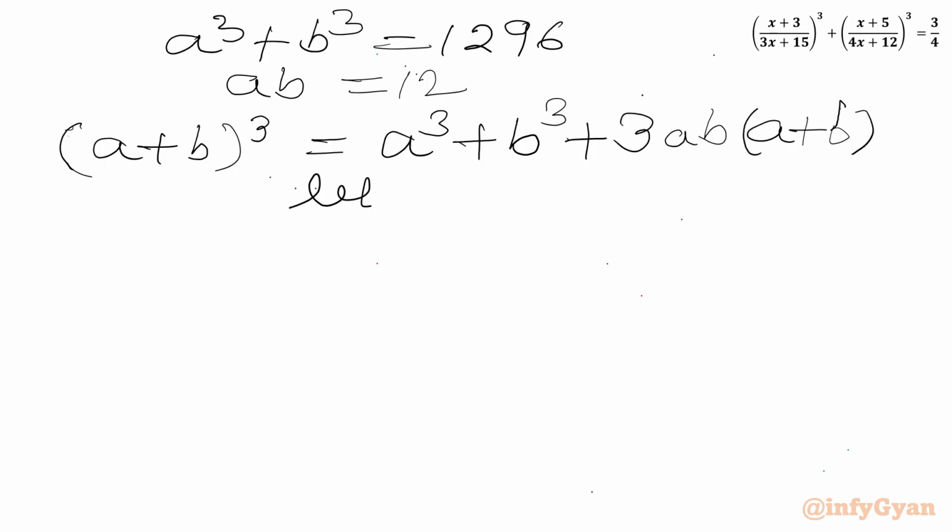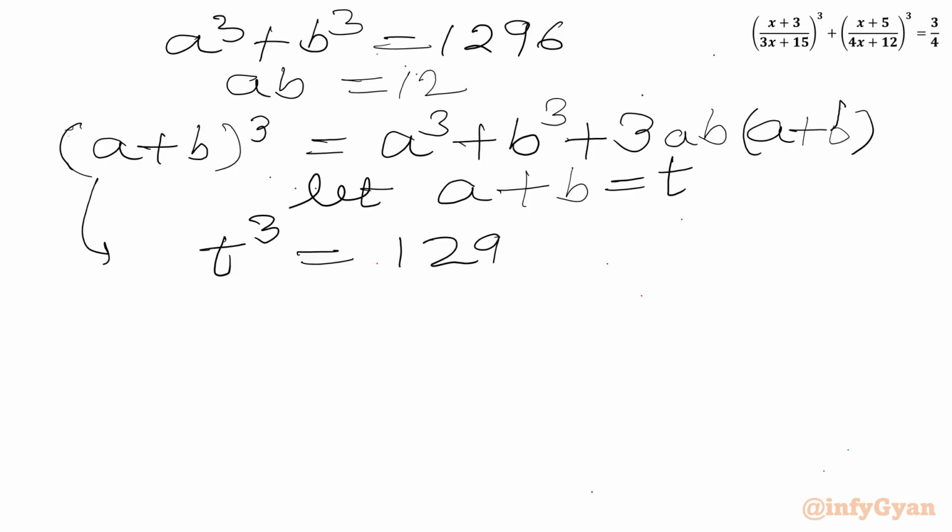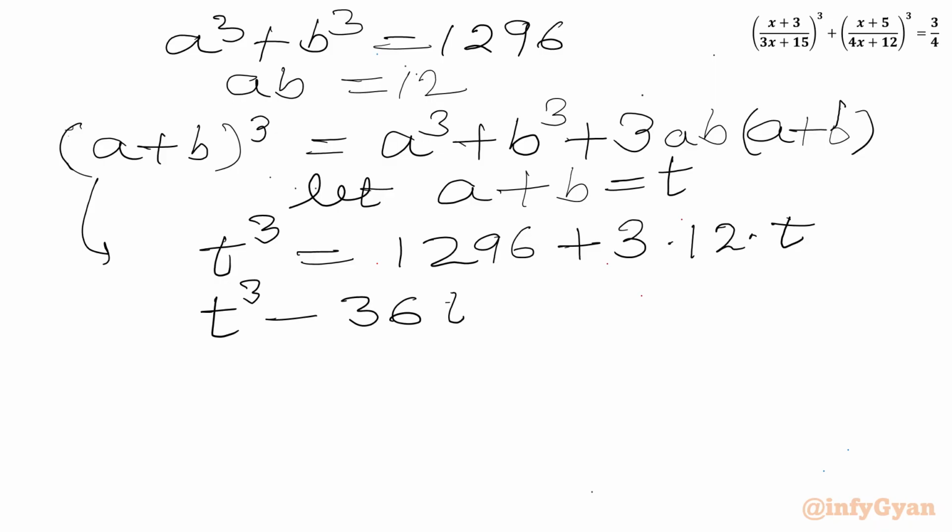Now I will consider a plus b suppose equal to t. So I can write our equation t cube equal to a cube plus b cube, equation number 1, 1296 plus 3 times ab is 12. So 3 times 12 times a plus b is t. So I can write our equation t cube minus 36t minus 1296 equal to 0.